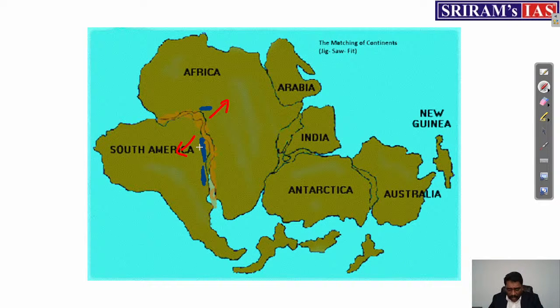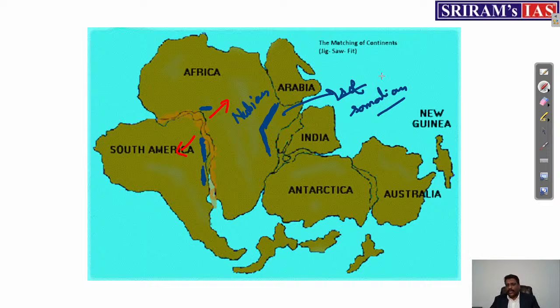See, what you are witnessing today on the eastern side of Africa, this was in the news just about 1.5 months ago. The Nubian plate and the Somalian plate are going for a divergence. Every news report says that Africa is giving way to the formation of an ocean.